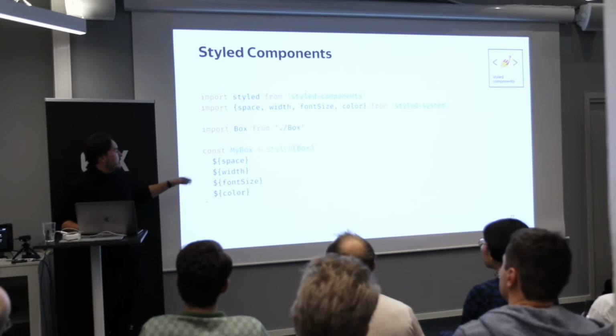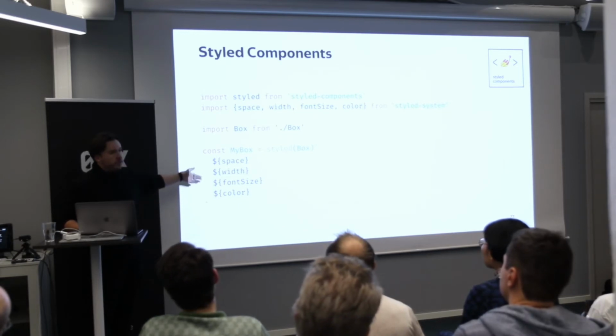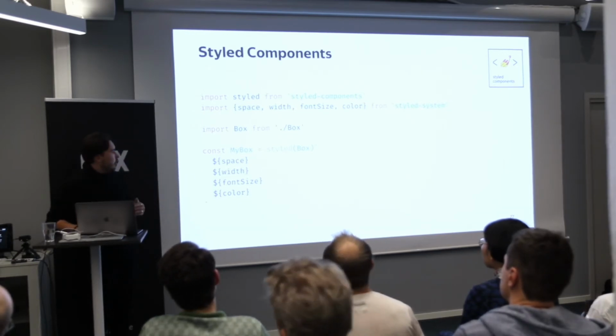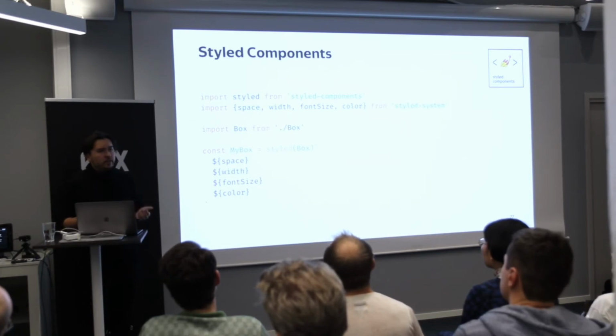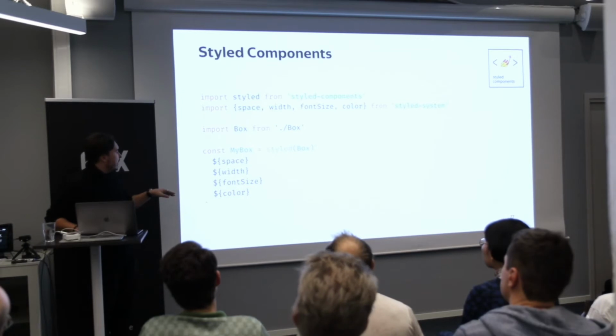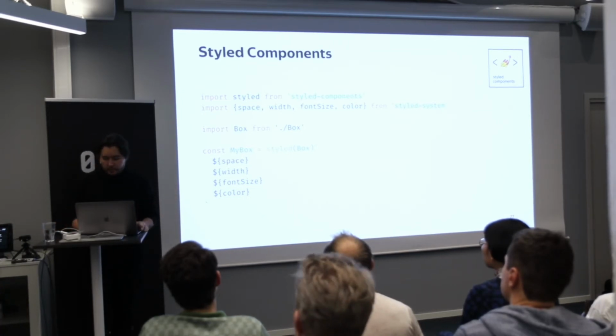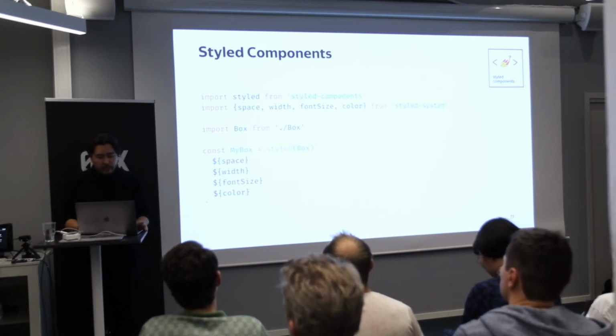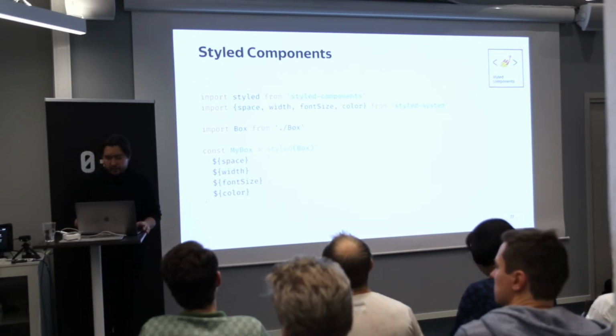Moreover, there might be some conflict between this mixin and that mixin, because they can work with different properties in a different way. For example, space will work with one property, width will work with another property, but they will work in a different manner. So that's quite hard to maintain sometimes if you have a lot of composition here.